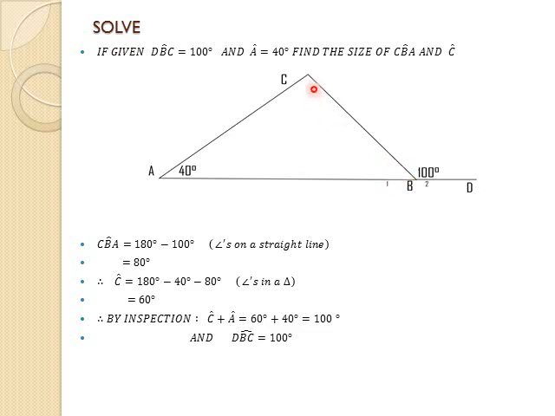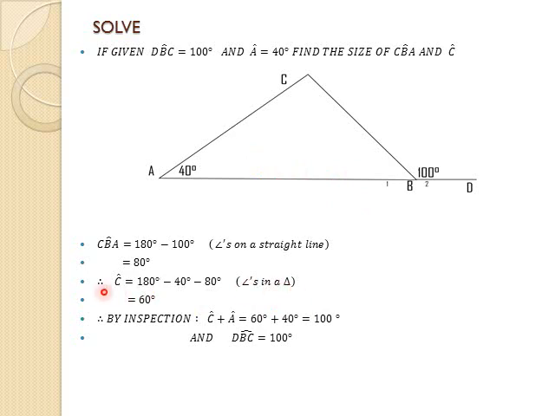Get angle C. The three angles in a triangle must add up to 120, so therefore I say, not 120, must add up to 180, my apologies. So therefore 180 minus the 40 minus the 80, angles in a triangle equal 180. You see there, I've written it.